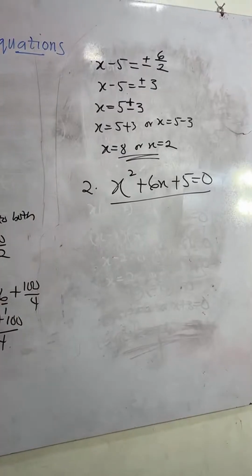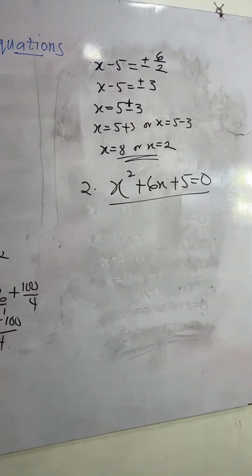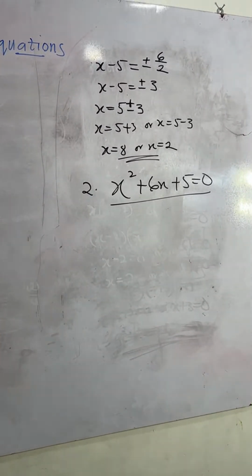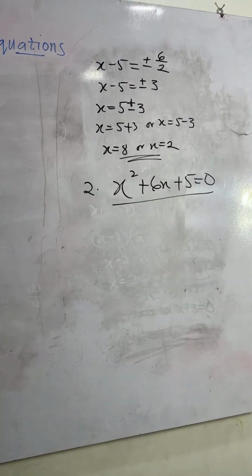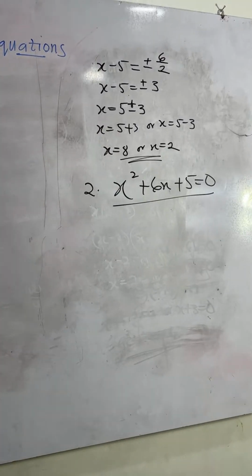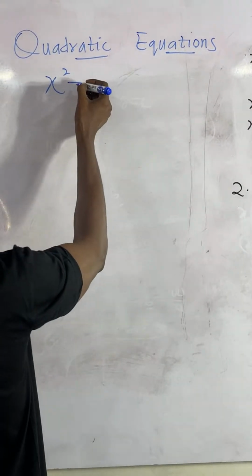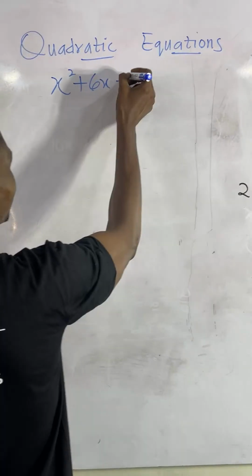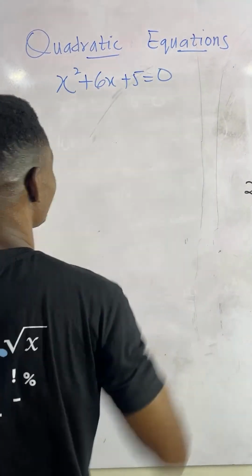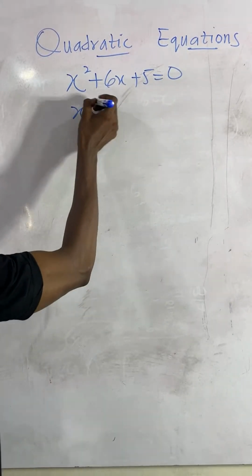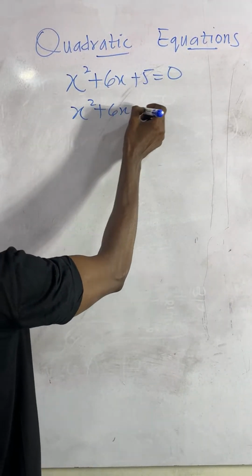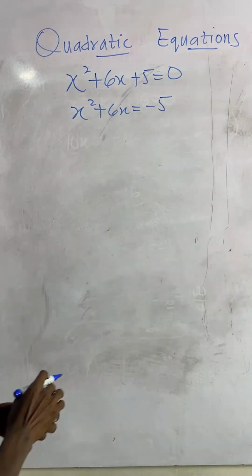All right, welcome back. I've seen a few answers. Let's solve together. So we'll have x squared plus 6x plus 5 equal to 0. What's the first thing to do? Create two sides. So we'll have x squared plus 6x equal to negative 5, right?